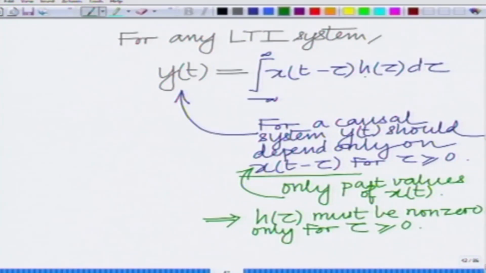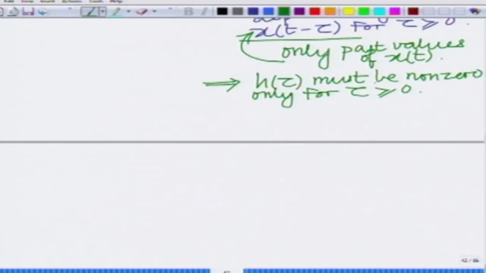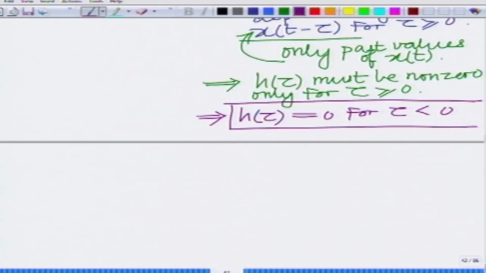So h of tau must be non-zero only for tau greater than or equal to 0, which also implies h of tau equal to 0 for tau less than 0.